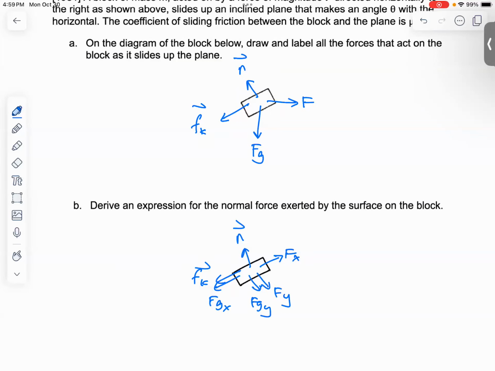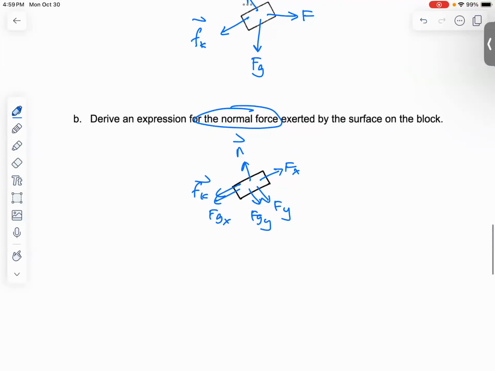Now, like I said before, some people think that physics is hard, and the way to make things easier is to take the initiative to do the things that you can, such as label all the forces and break all the vectors down into components. So if we want to write an expression for the normal force, where should we start?